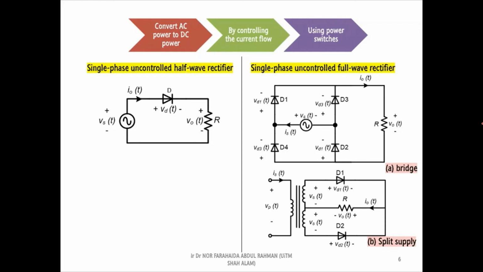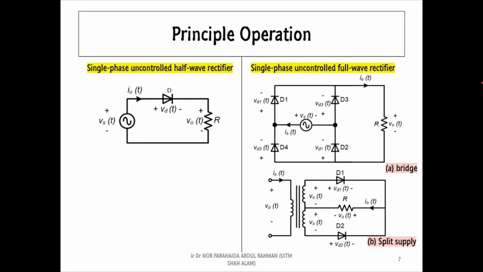However, we must assume all the diodes are ideal. As the direction of current flow depends on the polarity of a voltage source, it's better to explain the principal operation of the rectifiers based on the waveform of a single-phase AC supply voltage.